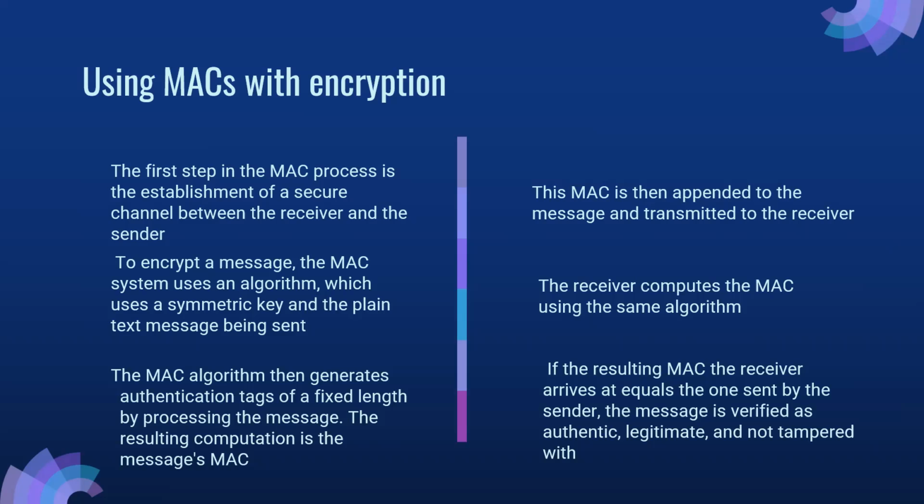This MAC is appended to the message and transmitted to the receiver. The receiver computes the MAC using the same algorithm. If the resulting MAC the receiver arrives at equals the one sent by the sender, the message is verified as authentic, legitimate, and untampered with.